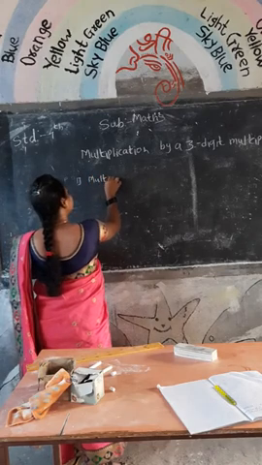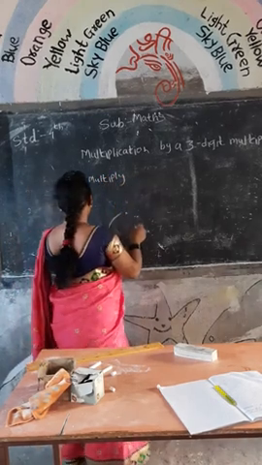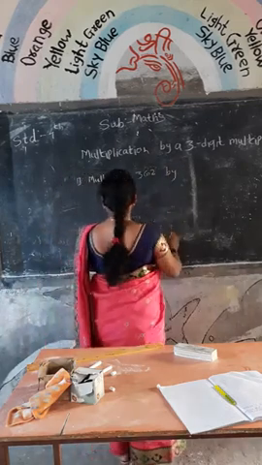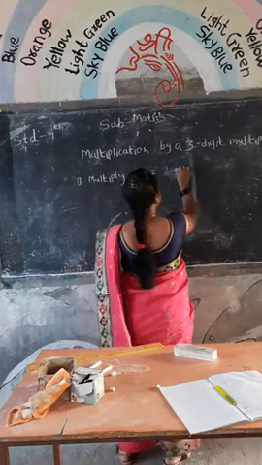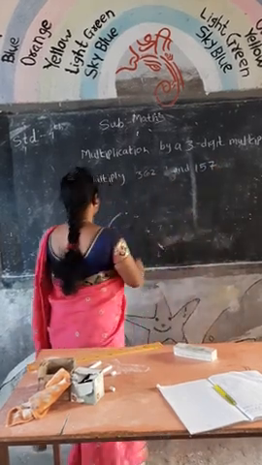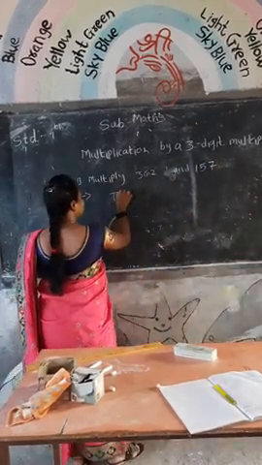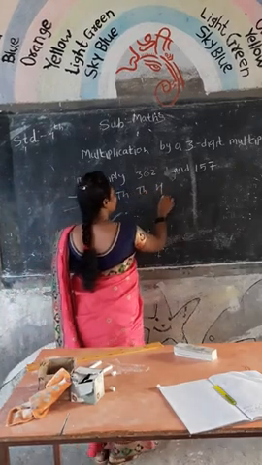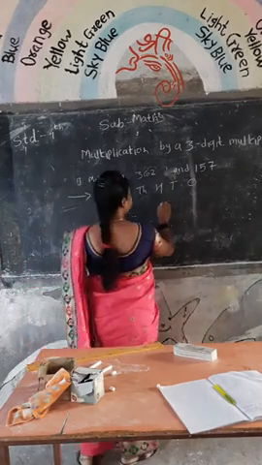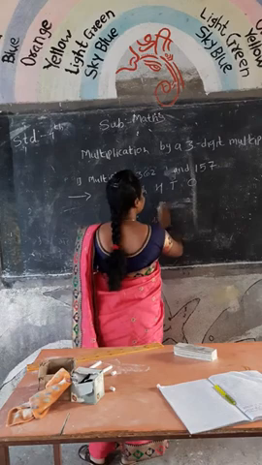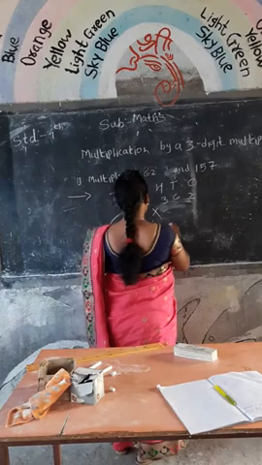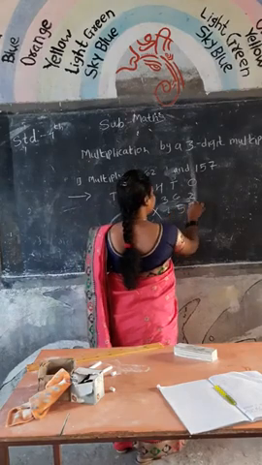Multiply 362 by 157. 10,000, thousand, hundred, tens and ones. 362 multiplied by 157.